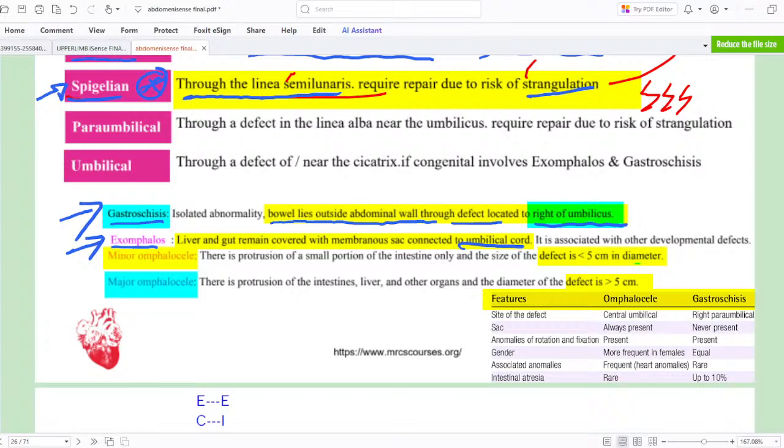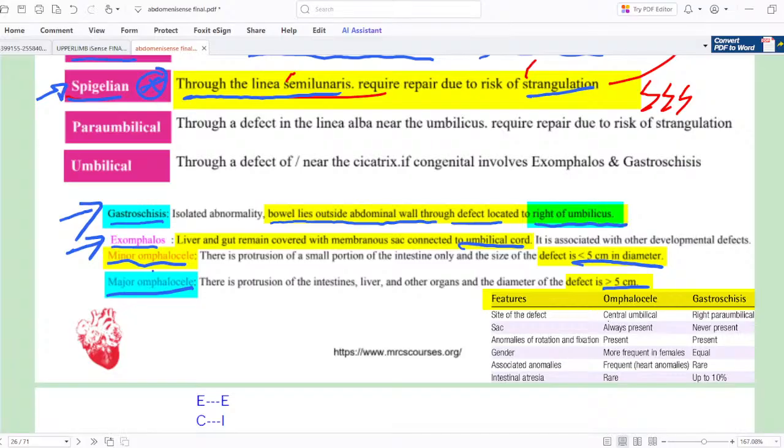Exomphalus again has two varieties. One is minor if the defect is less than 5 cm and major if the defect is more than 5 cm. Exomphalus and omphalocele are the same thing. So they gave the names minor omphalocele or minor exomphalus, major exomphalus or major omphalocele.